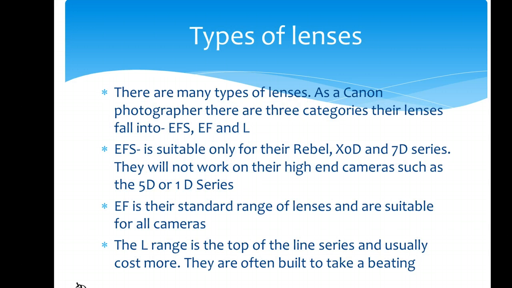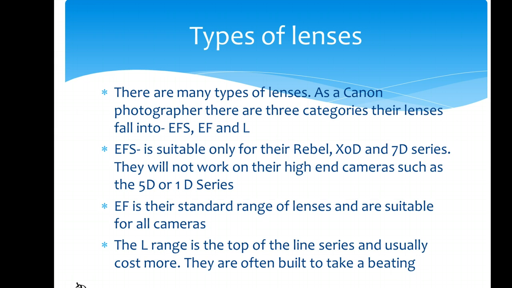We are a Canon photographer, so we use all Canon cameras, and therefore the lens information that I'm talking about is all based on Canon, but you can apply a lot of the information here to other types of lenses as well. With Canon, the lenses fall into three groups: EFS, EF, and the L lenses.